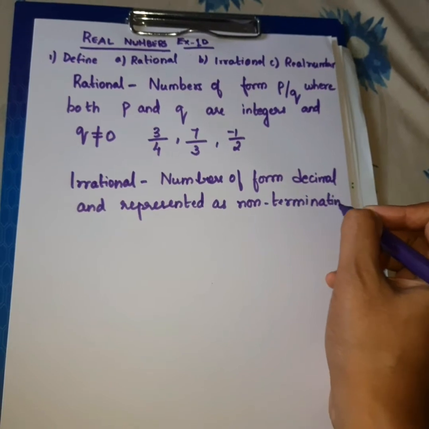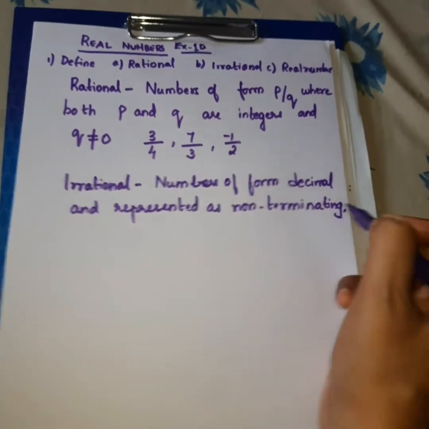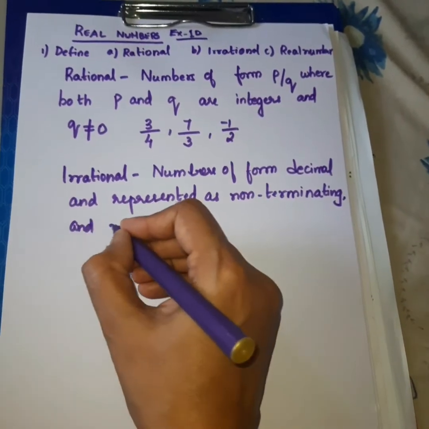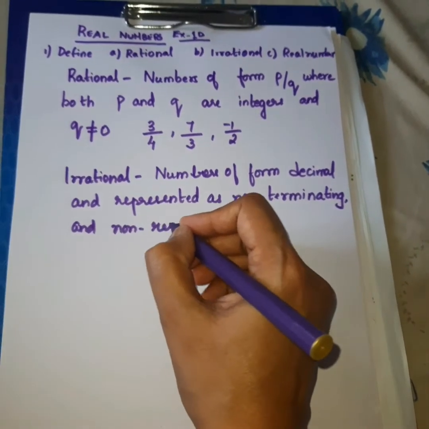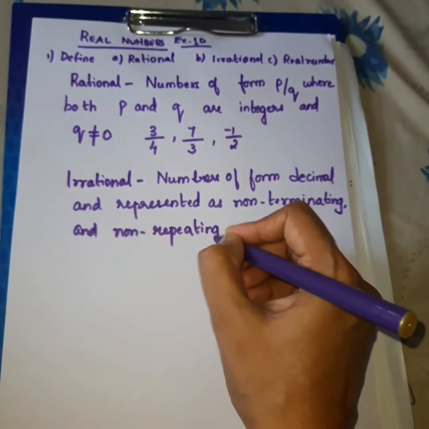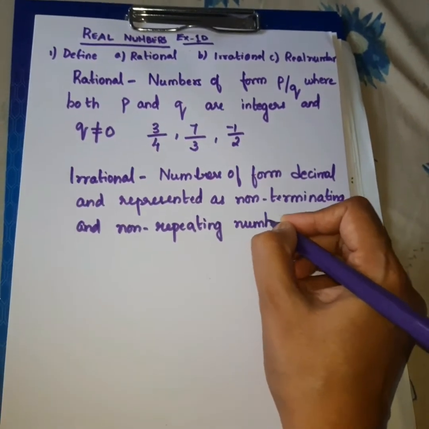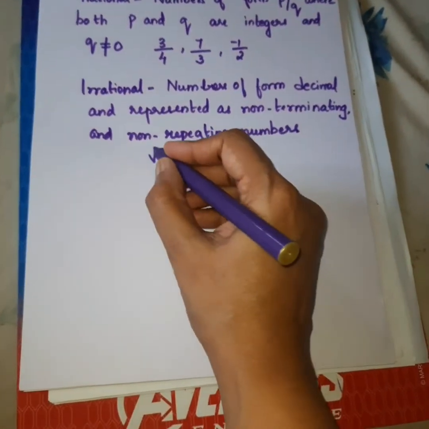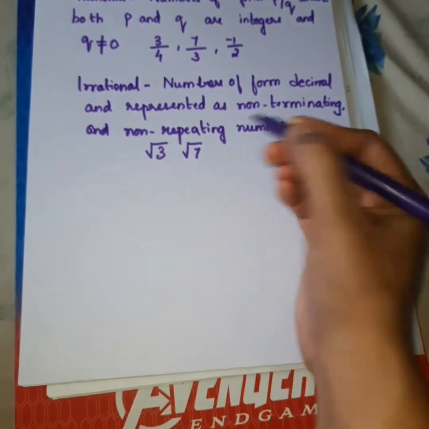Non-terminating, it's not ending, it continues. And non-repeating, the pattern is not repeated, it just goes on. We can take the square root of 2, 3, 7. Even the value of pi are examples of irrational numbers.